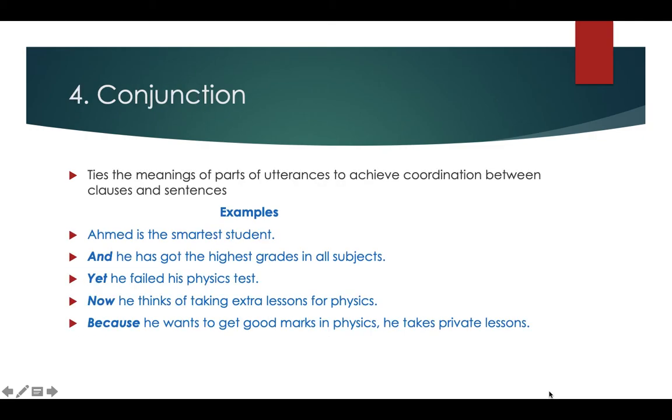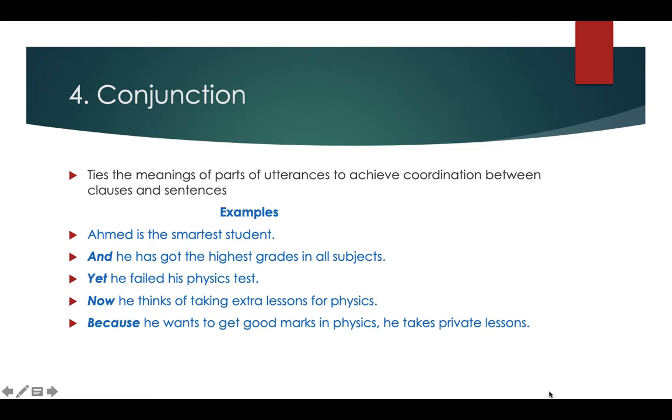Number 4, the last one is conjunction, and conjunction ties the meanings of parts of utterances to achieve coordination between clauses and sentences. Here is an example for you. Ahmed is the smartest student and he has got the highest grades in all subjects. So the first sentence is linked to the second one with the use of and.